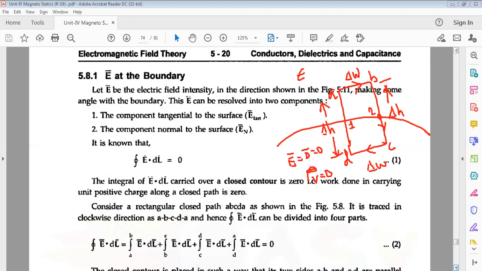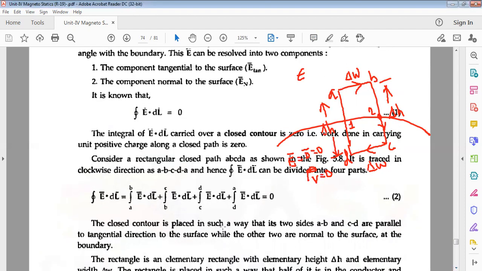Got it, my students? Now, see the A to B and the C to D. A to B is in the dielectric and C to D is in the conductor. What we are saying, the conductor E bar value is 0. The closed contour is placed in such a way that its sides AB and CD are parallel to the tangential direction to the surface, while the other two are normal to the surface at the boundary.